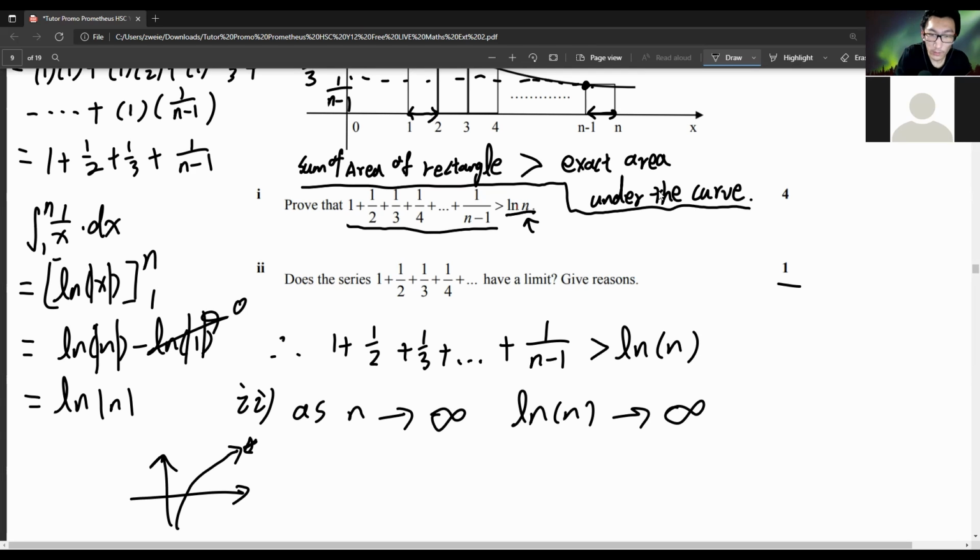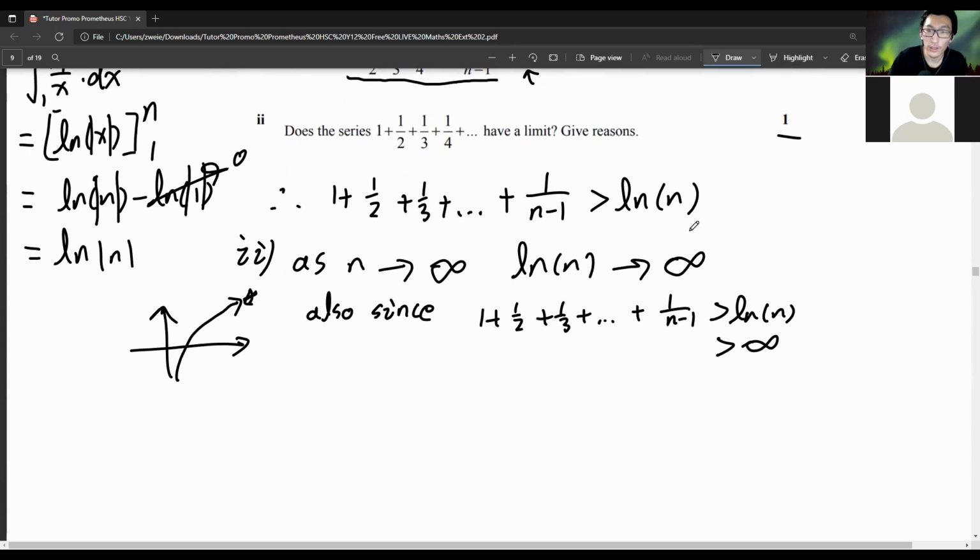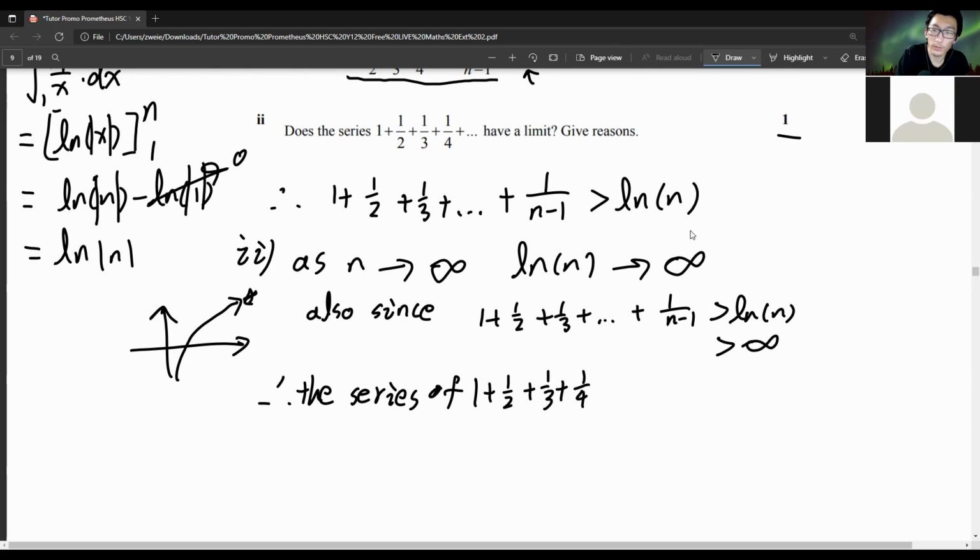But also, since 1 plus 1 on 2 plus 1 on 3 plus dot dot dot plus 1 on n minus 1 is greater than ln n, that means it's greater than infinity in a way. So therefore, the series of 1 plus half plus 1 on 3 plus 1 on 4 plus dot dot dot does not have a limit.